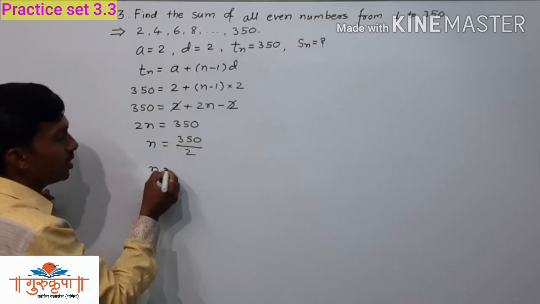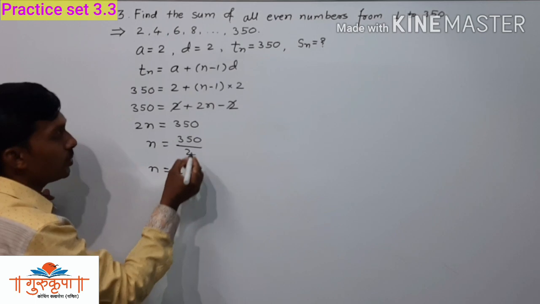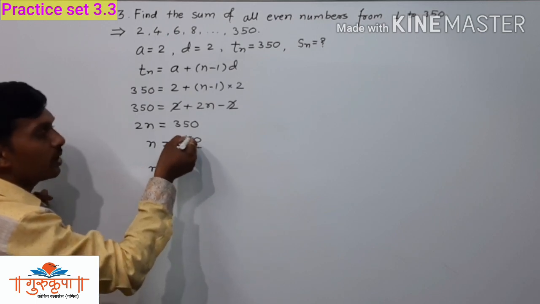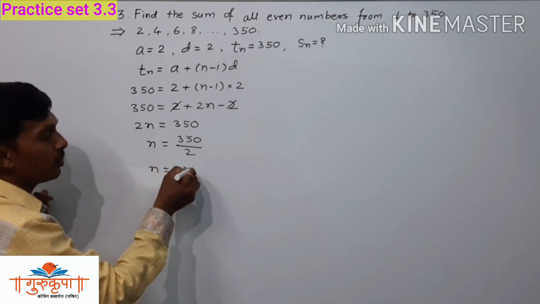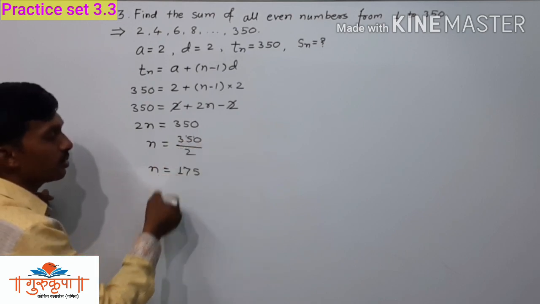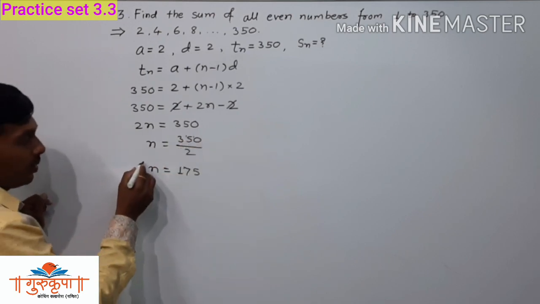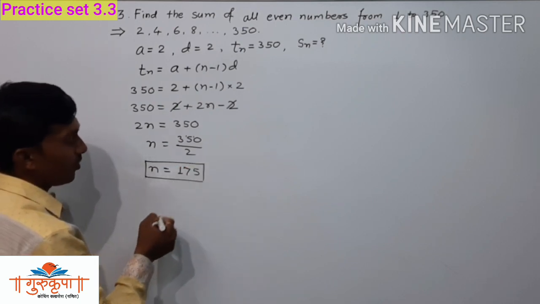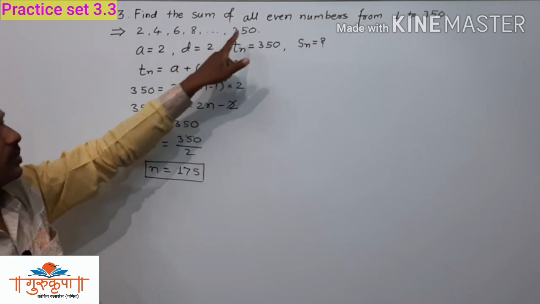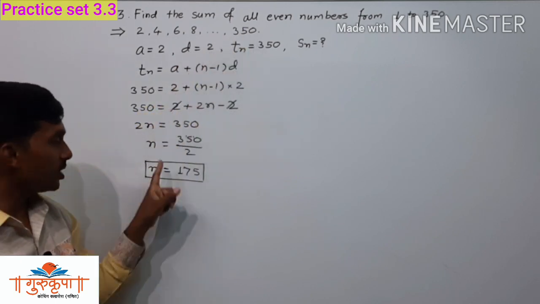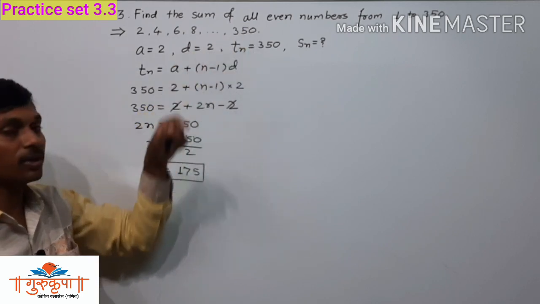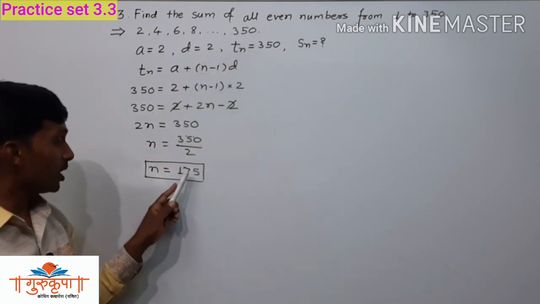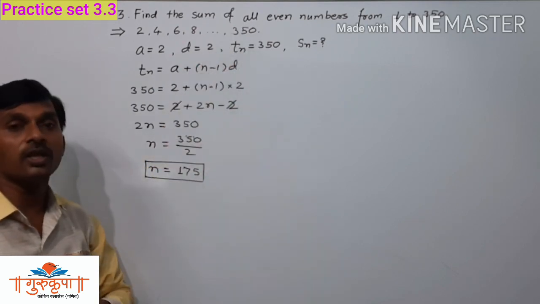So we have n is equal to 175. So we have 175 terms in the given AP. See, this is 350, 350 is the 175th term of the given AP.